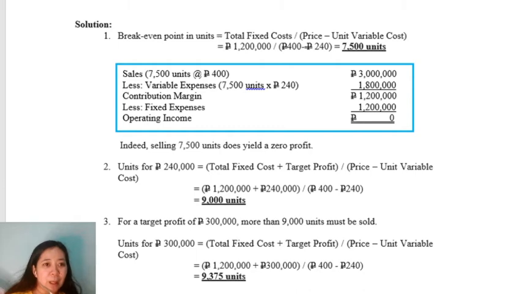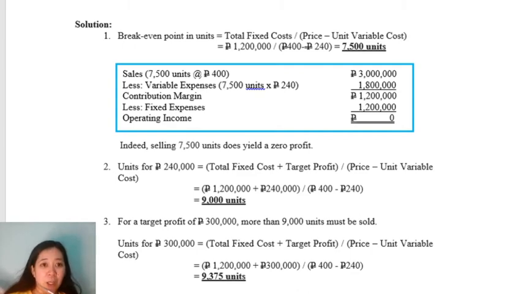So using the contribution margin based approach for the operating income statement, here we have sales of 7,500 as computed in the break-even point in units, multiplied by the selling price. Next, less variable expenses. Our variable expenses again is 240, multiplied by the number of units to be sold.